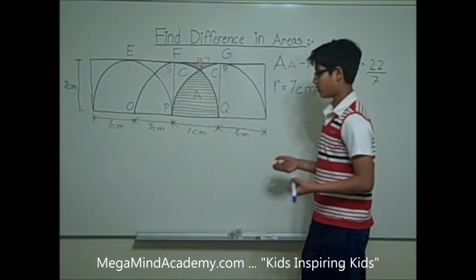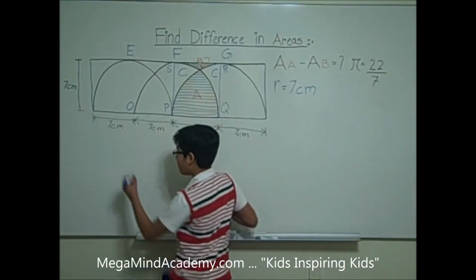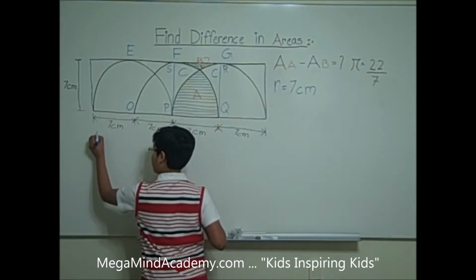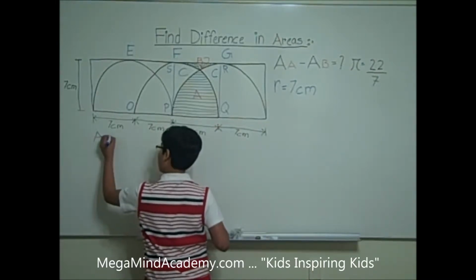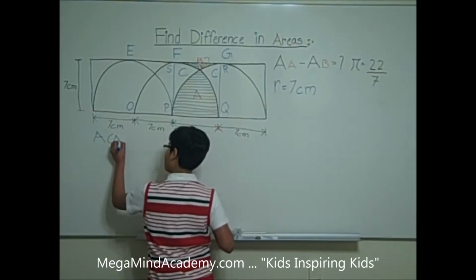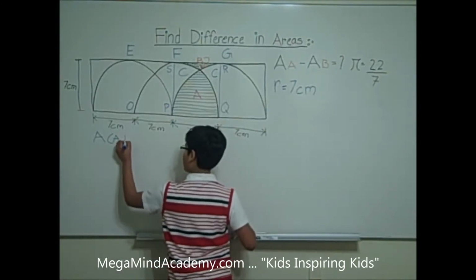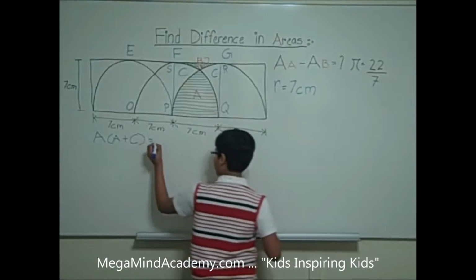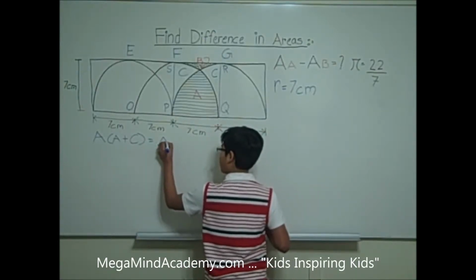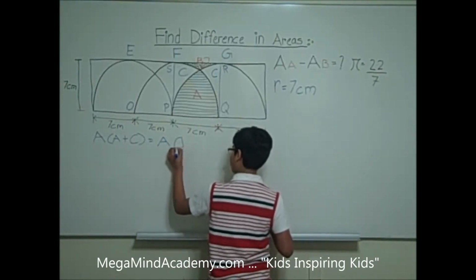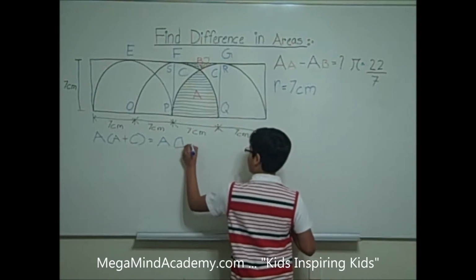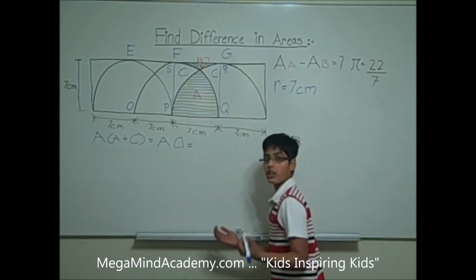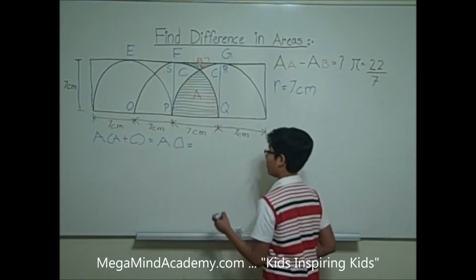So let's write down that the area of portion A plus portion C is equal to the area of a quarter circle, which is equal to the area of a circle divided by 4.